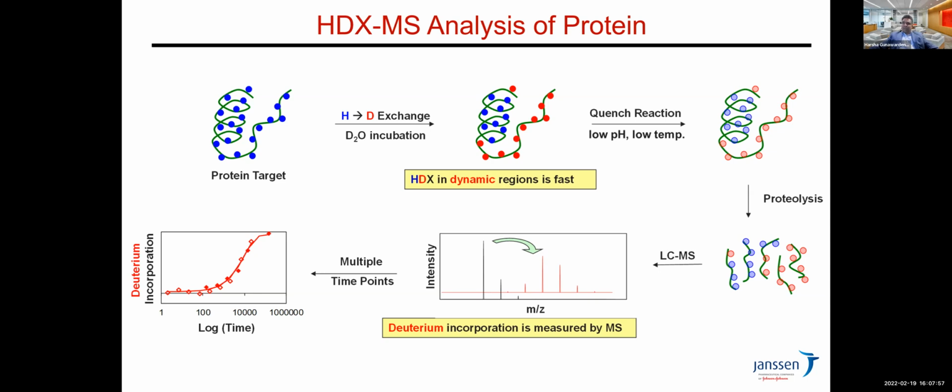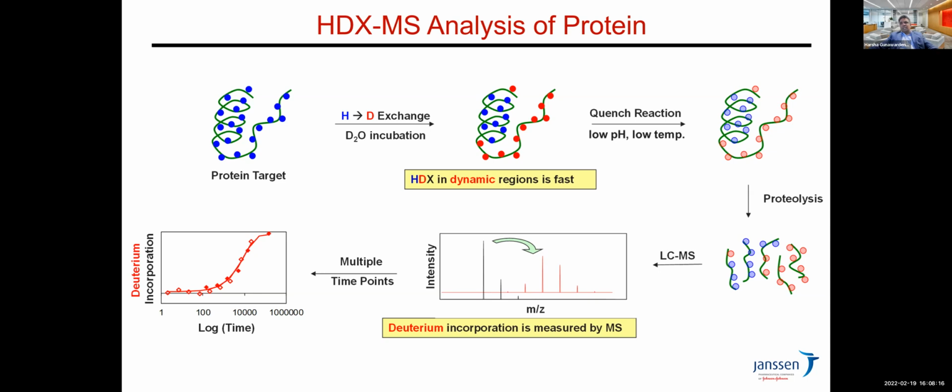We next digest the protein, usually using pepsin or some other acid-active protease to generate peptides that we inject and perform LC-MS. The mass spectra that we obtain for each peptide will increase in mass, as seen here, where the isotope envelope shifts to higher masses.